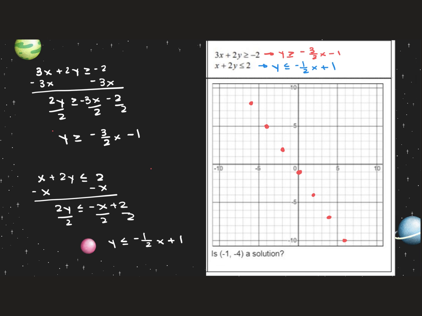All right. And we're going to have a solid line because we have greater than or equal to. And we're going to shade above because y is greater than.